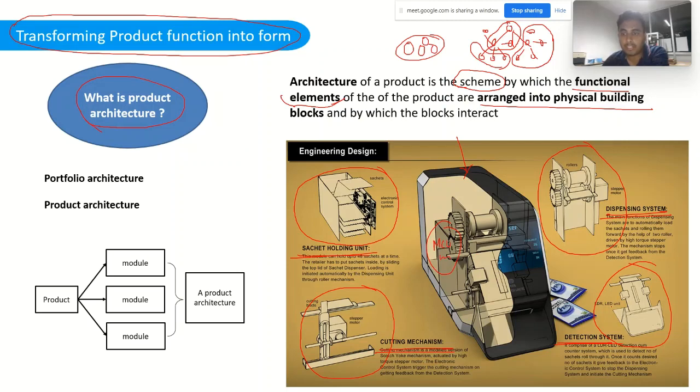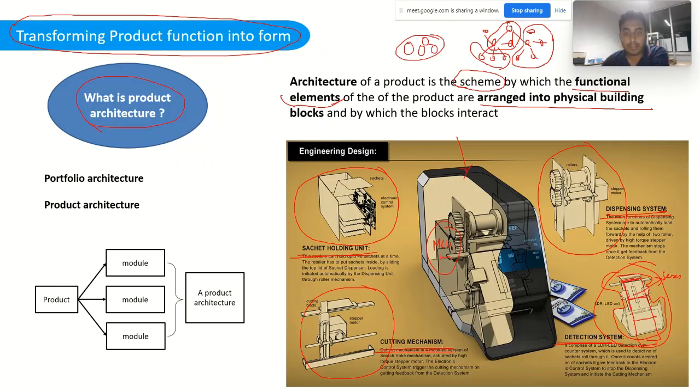Basically the detection unit has the sensor, and these various elements and parts make sure that the sachet travels in these particular directions, and where and how this particular sachet can be cut is also taken care of by this detection system.